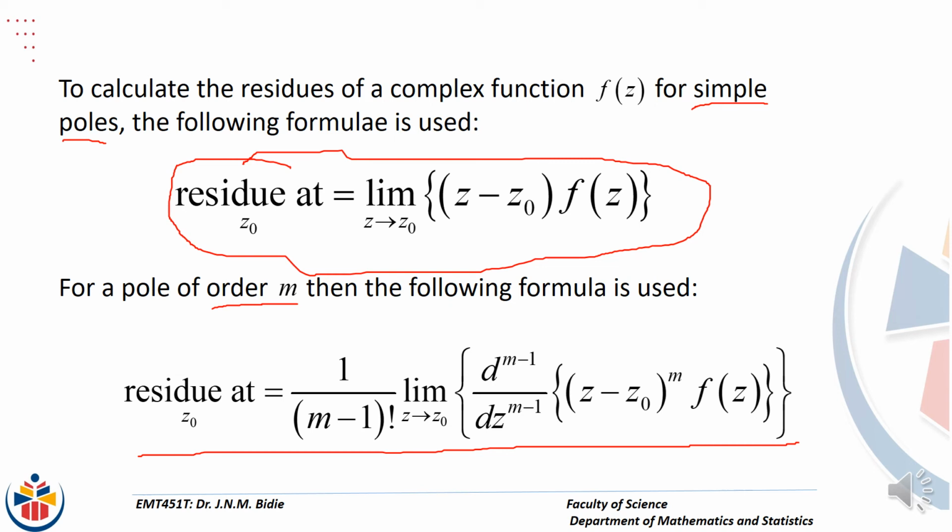So if it's order 3, second derivative; if it's order 2, first derivative. Note that you take the limit of the derivative of that term that gave you that pole multiplied by the original function.